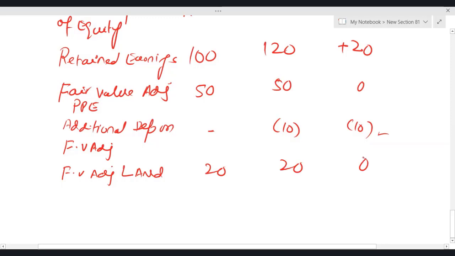Okay. Now, another important point, very important point. What is that? There's a possibility that subsidiary has sold stock to the parent. Repeat. There's a possibility that subsidiary has sold stock to the parent. Now listen carefully.